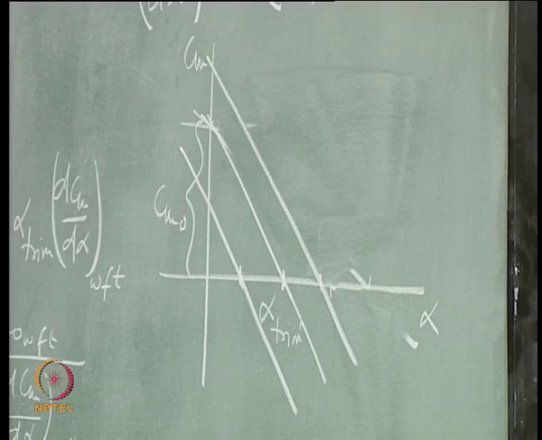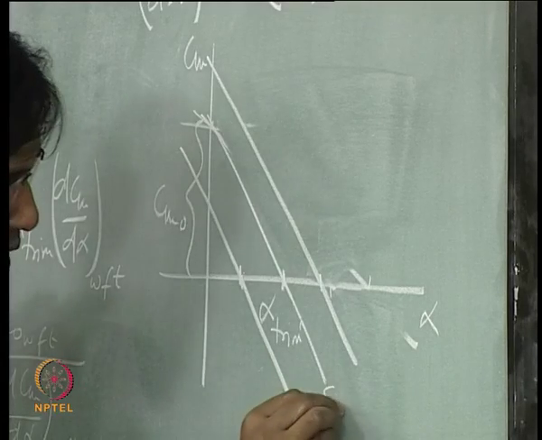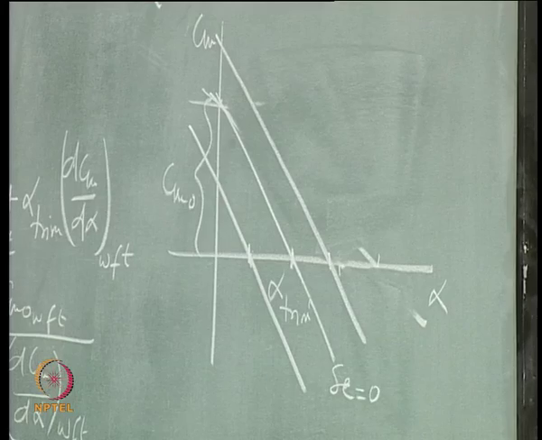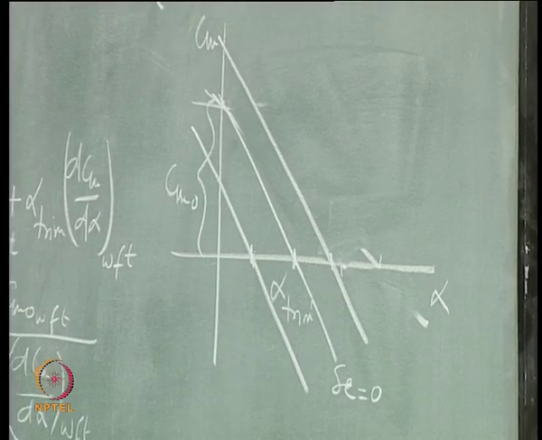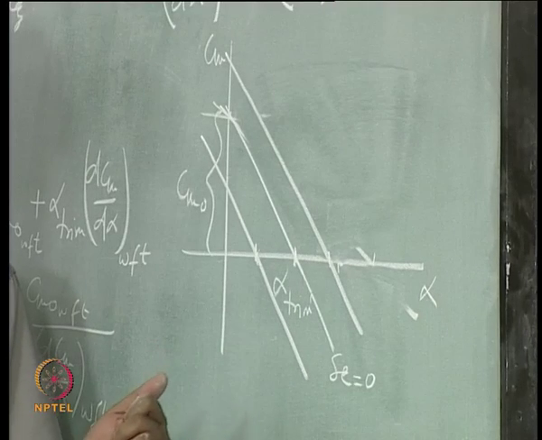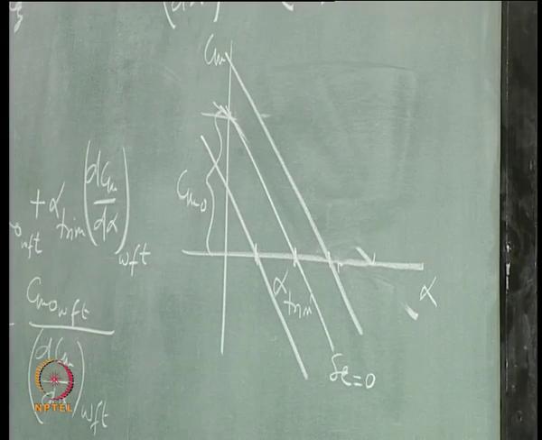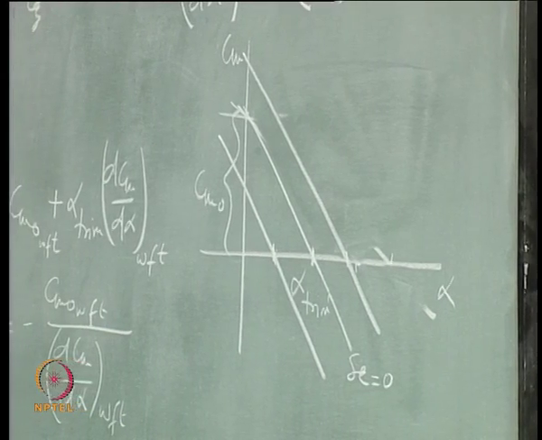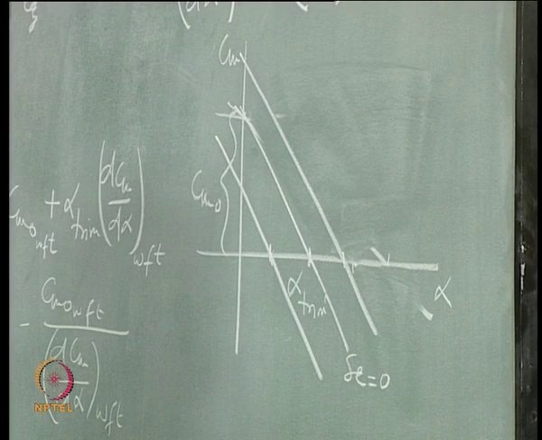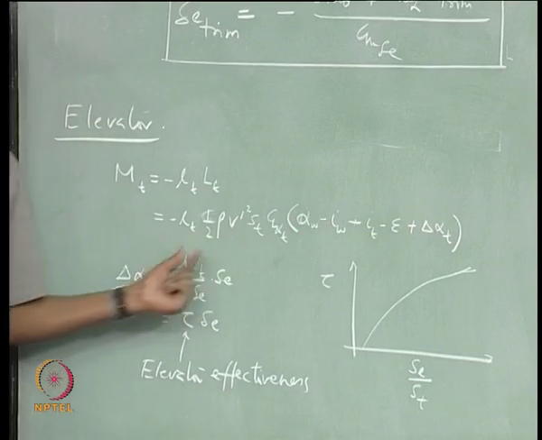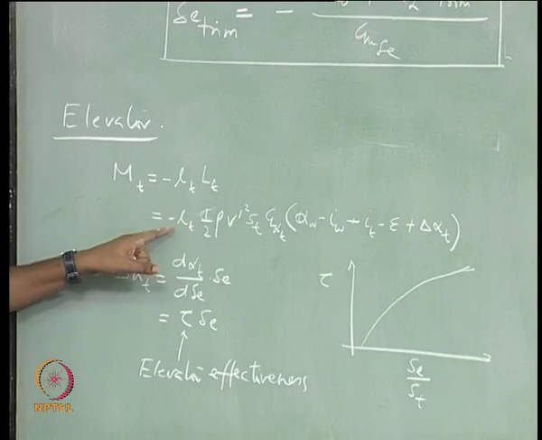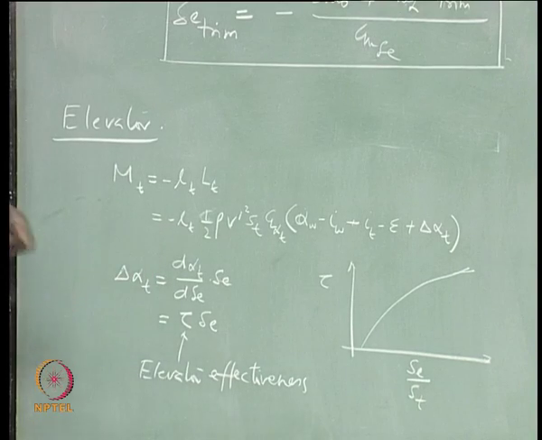Now, can you tell me if this is for delta E 0 neutral, for what delta E you will get this curve and for what you will get this? Remember this is a negative term, it is going to change Cm naught by a negative quantity.